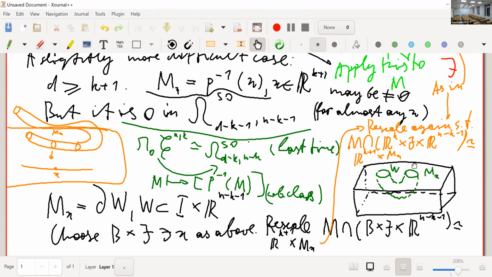We have this B, and we control M only over B cross J, and we want to control it over RK plus J. So we blow it up, not in the same sense as in algebraic geometry, but basically we rescale the B so that over the middle of J it becomes the whole RK, and close to the endpoints of J nothing happens.